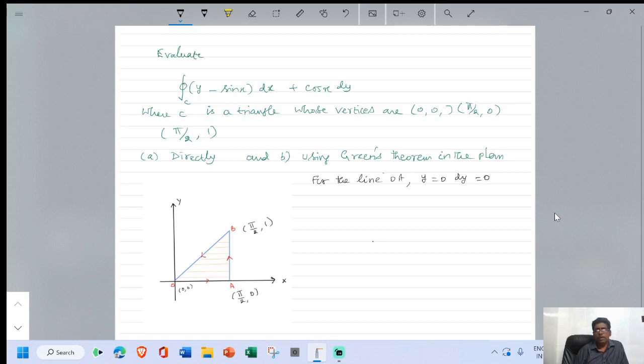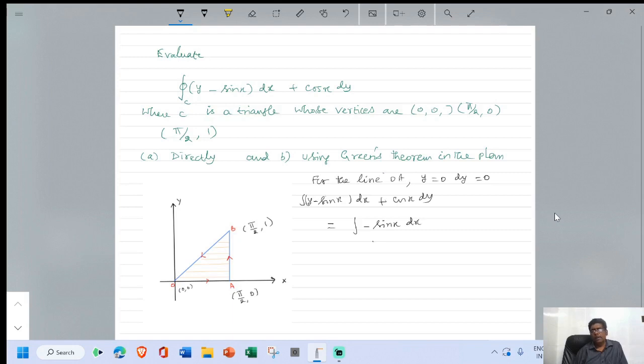Therefore, the above integral is (y − sin x) dx + cos x dy. Since y equals 0, this term is 0, leaving minus sin x dx. If y equal to 0, dy equal to 0, the second term also vanishes.